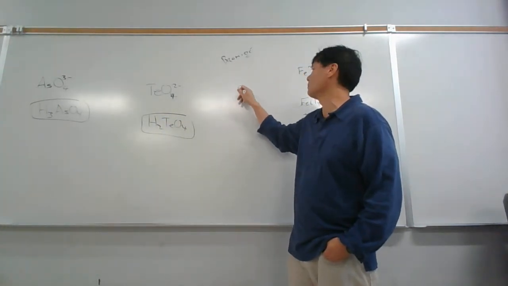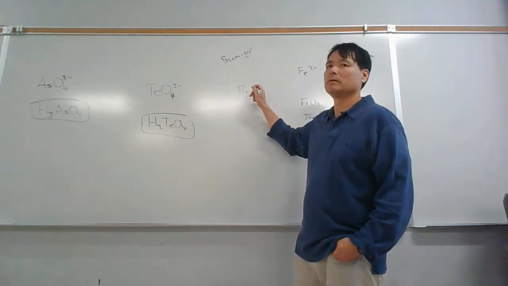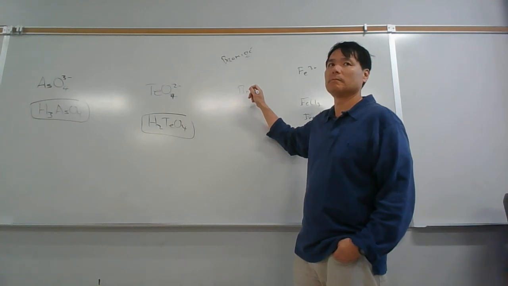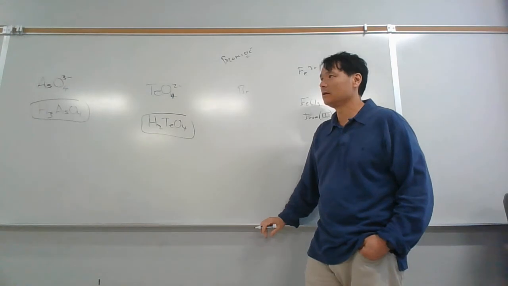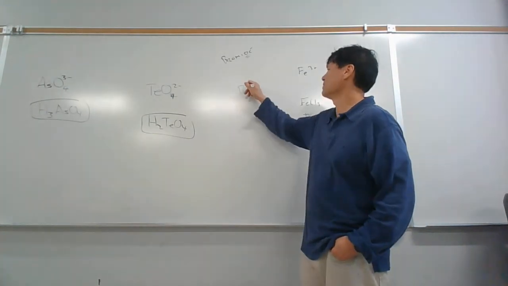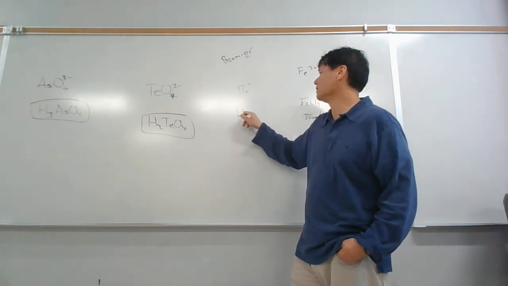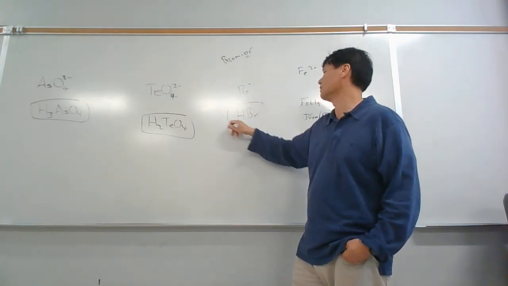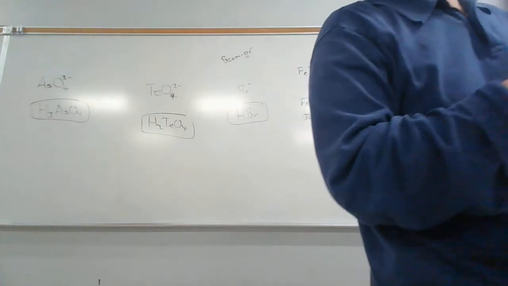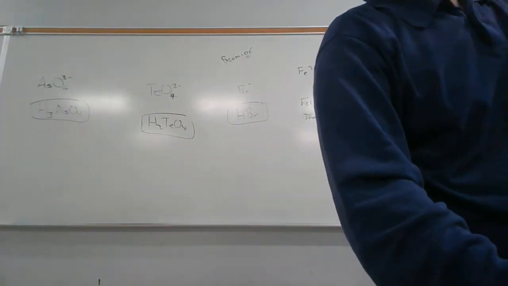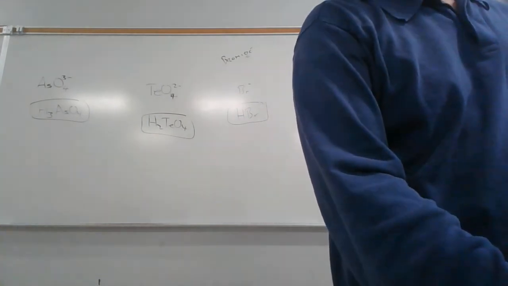What's the charge on bromine? Look at the periodic table. It's -1, one more electron. So for hydrobromic acid, we just need one hydrogen. Take a look at the number 3 acid up there. Do you see it? HBr, hydrobromic acid.